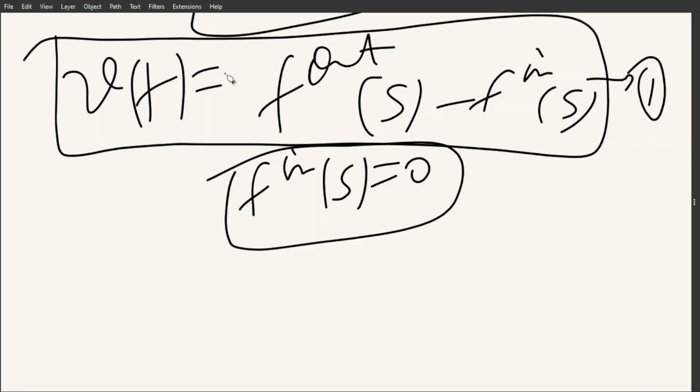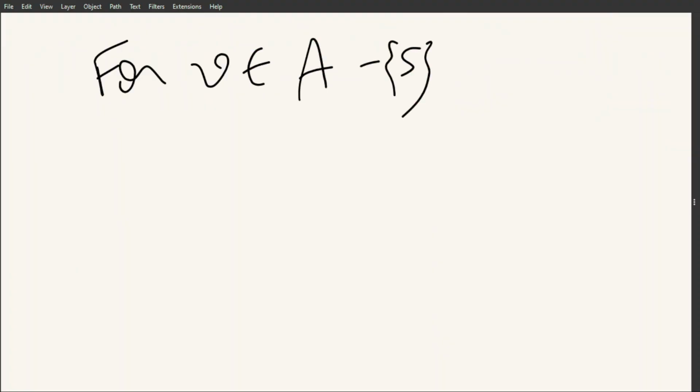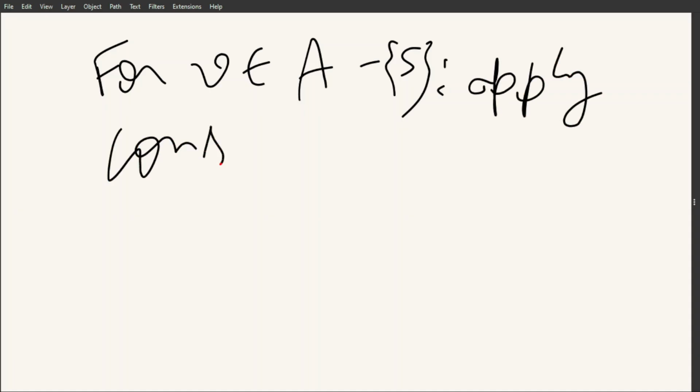Now take any vertex v belonging to A minus S. Except for the source vertex, apply the conservation condition.